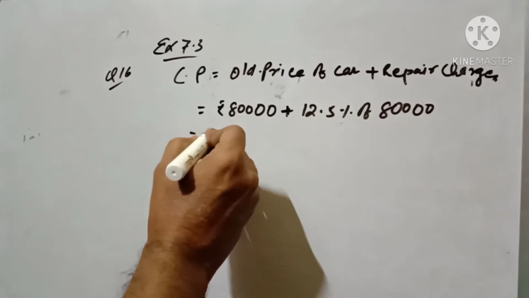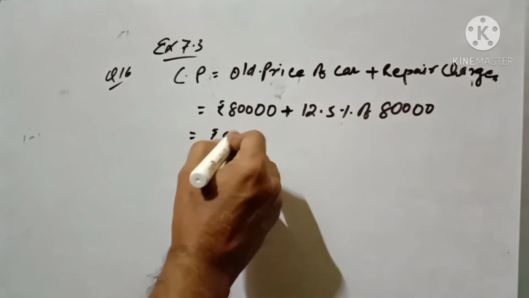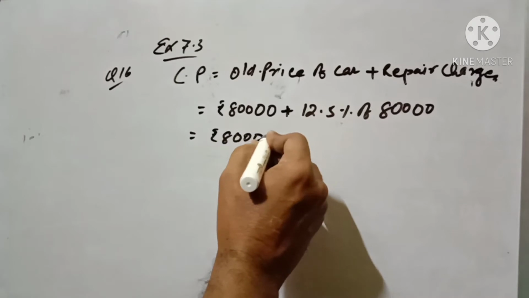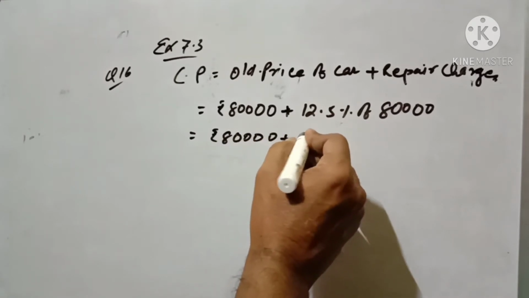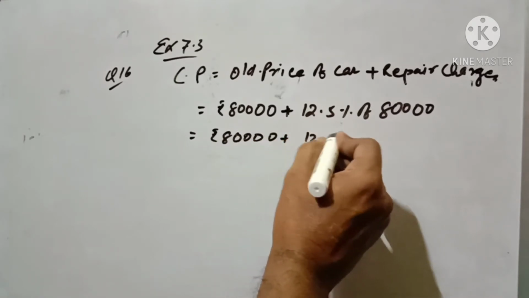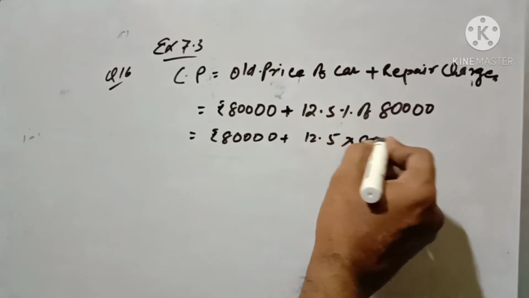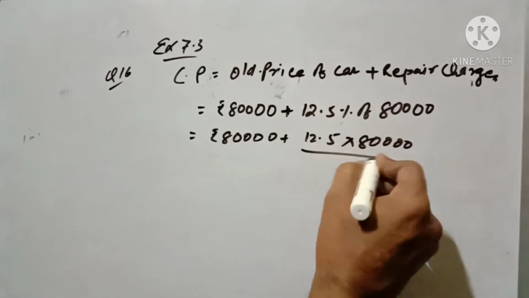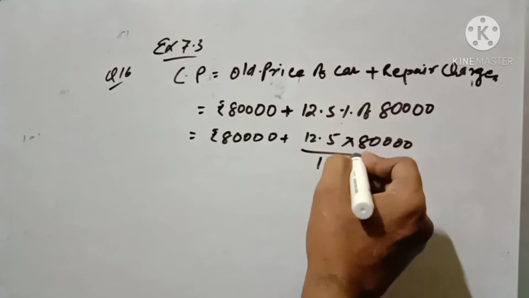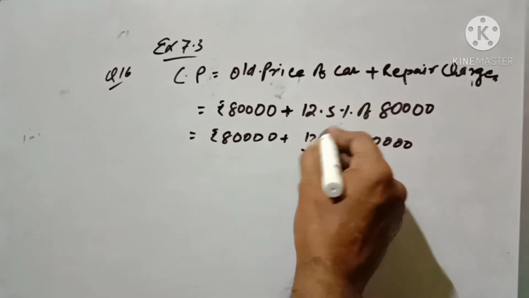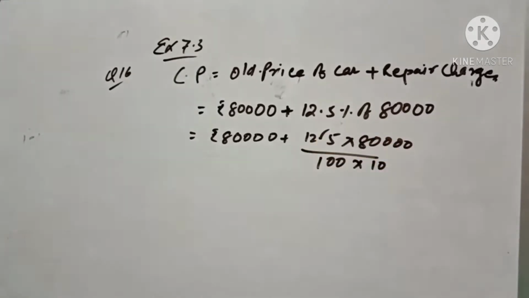So it will be rupees 80,000 plus 12.5 into 80,000 by 100, removing the percentage sign. Now remove the point, it will be 10.